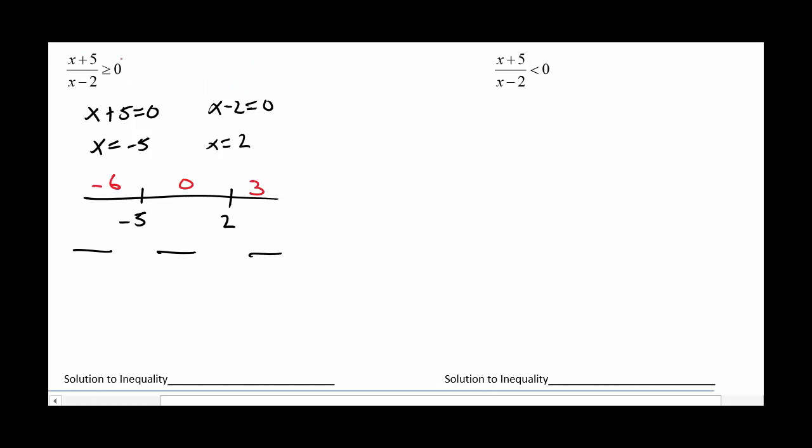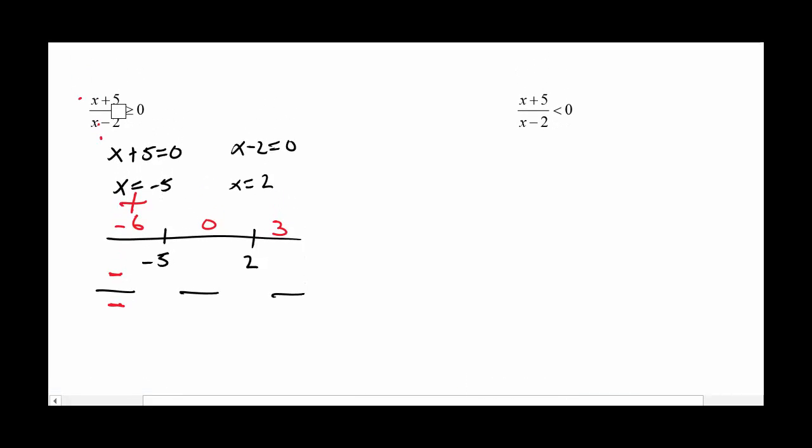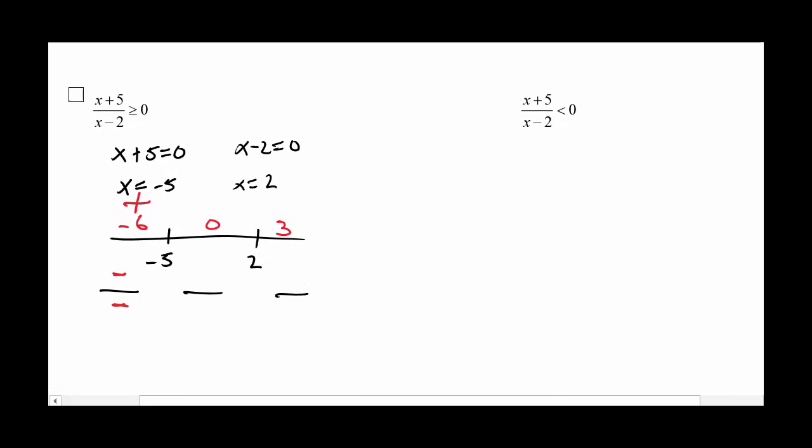Okay, so let's put a -6 in for both those x's. Well, -6 plus 5 is a negative number, and -6 minus 2 is a negative. So what is a negative divided by a negative? That's a positive. Okay, kind of see how that worked? That's why I have that fraction bar there, so I can move this thing around.